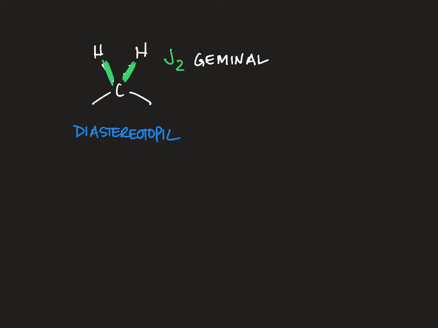That J value is approximately 10 to 15 hertz, although it can go up to 21, which is a big coupling constant value. It makes sense that it's a large coupling constant because they're only two bonds away from one another, and therefore they're very strongly coupled, and as a result, we see a large J value. One nucleus is in strong communication with the other as the result of that J. So that's a common one.